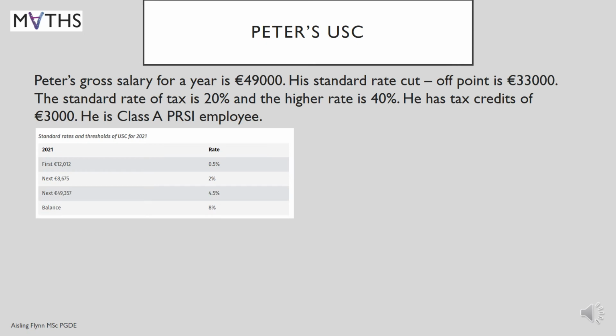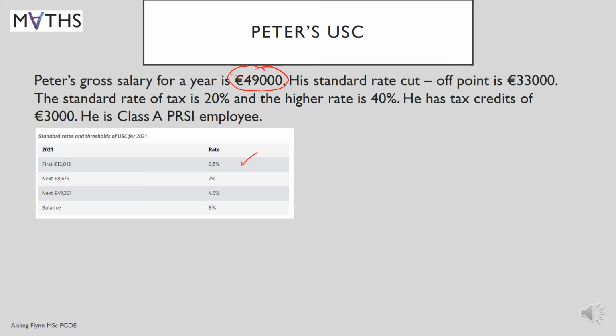Okay, so next is Peter's USC bill. There's our information, and here's our information regarding USC. There's going to be a few steps in this. So firstly, identify his gross pay. Everything is based off this. He will definitely be paying the 0.5% on the first €12,000 or so.